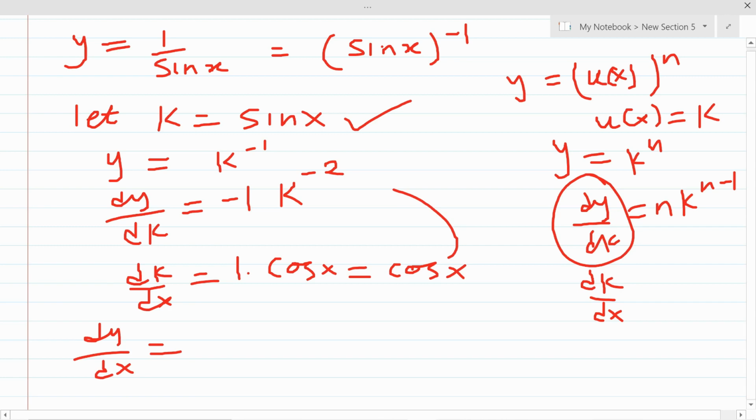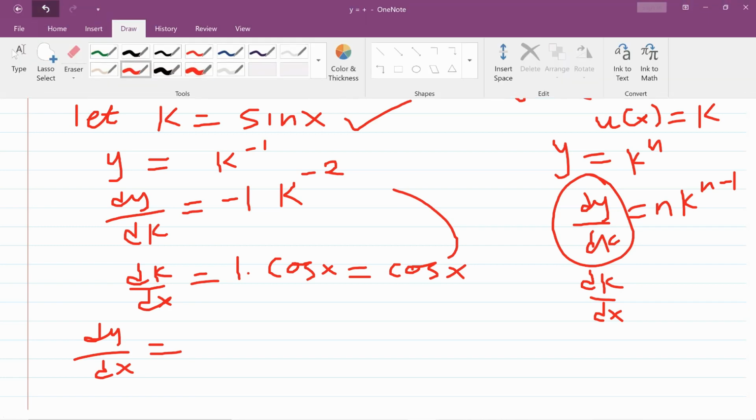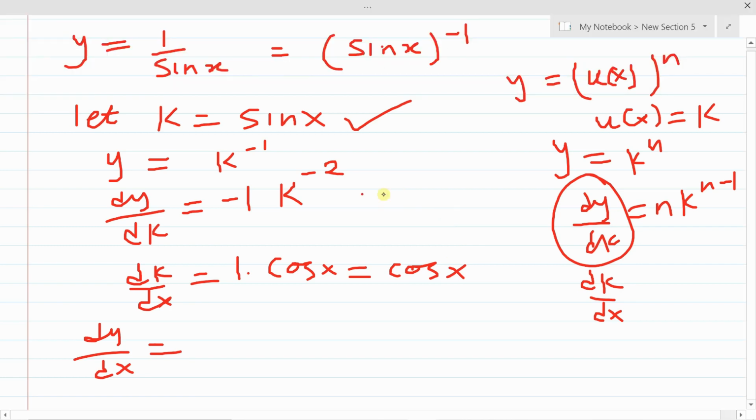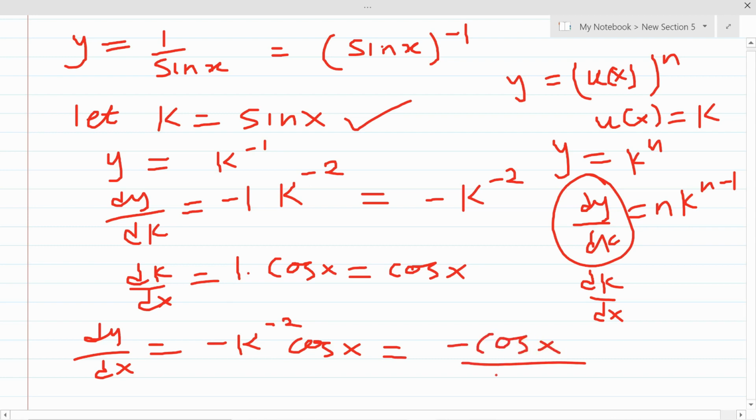Now mind you, this one is the same as negative k to the negative 2. So if I multiply, I'll get negative k to the negative 2 cos x, and this will be equal to negative cos x over k squared.